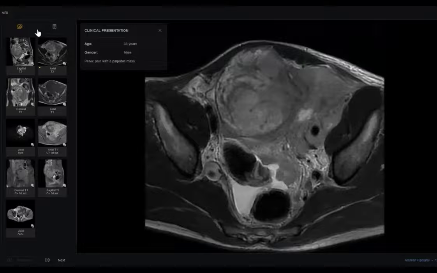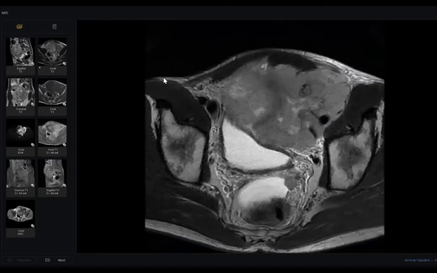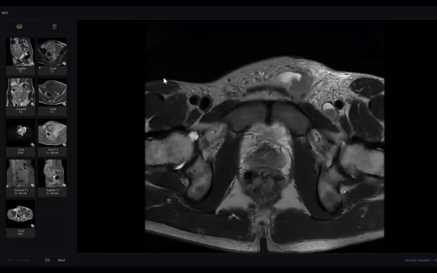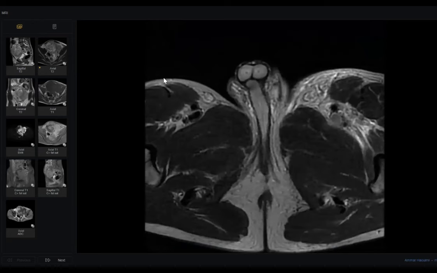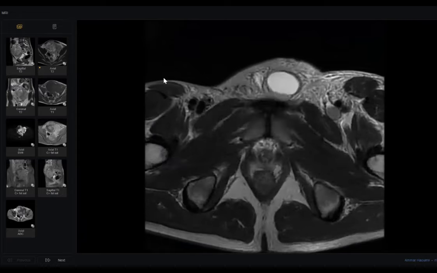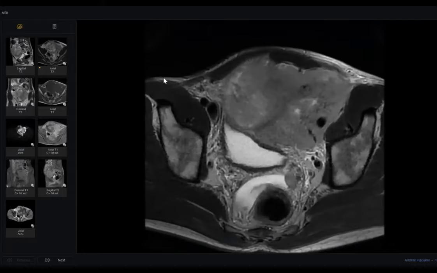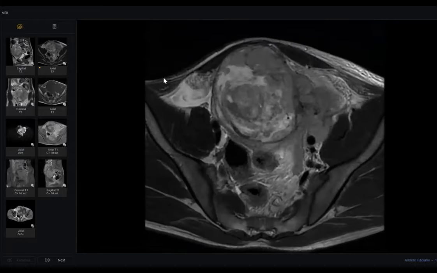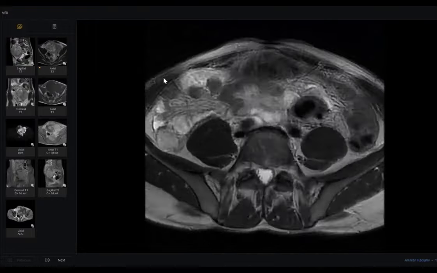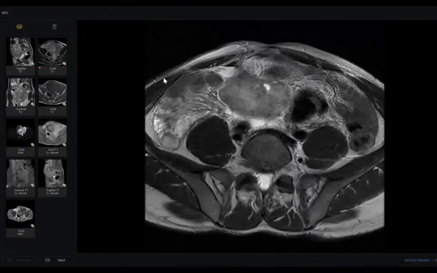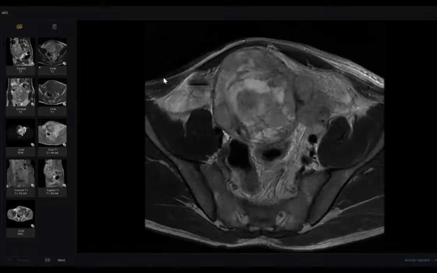Yes, Candidate 5. A 35-year-old male patient presented with pelvic pain and mass. I have been presented with an MRI of the pelvis, axial cuts T2.